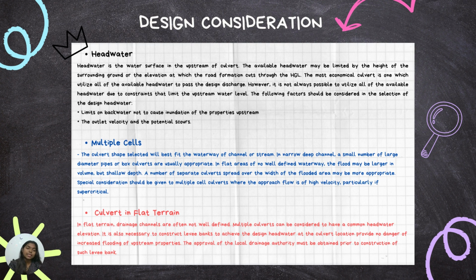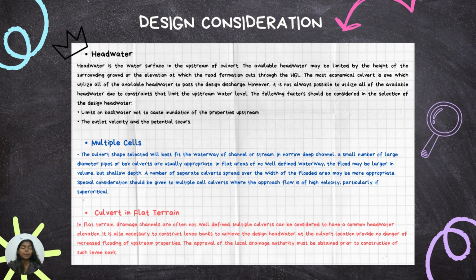Next, multiple cells. The culvert shape selected will best fit the waterway of the channel or stream. In a narrow deep channel, a small number of large diameter pipes or box culverts are usually appropriate. In flat areas of no well-defined waterway, the flood may be large in volume but shallow in depth.